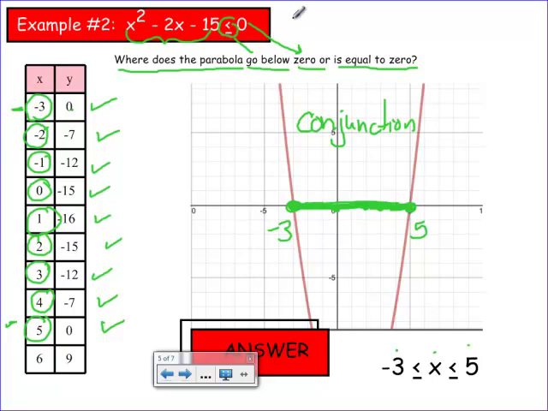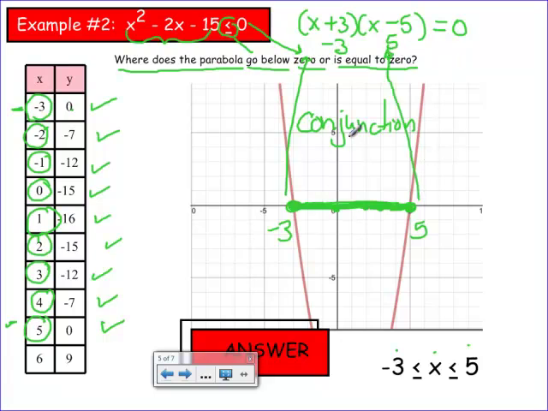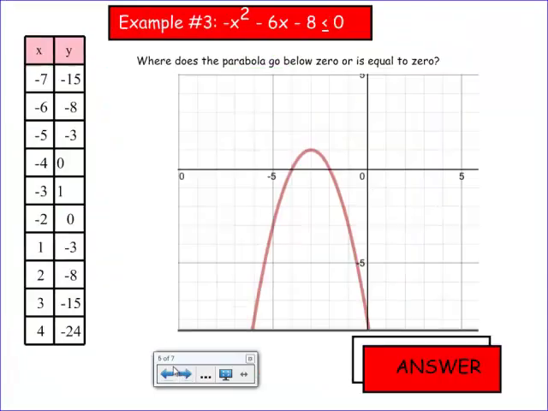And you could have gotten this by factoring. See, there's the 2 points, -3 and 5. Now, it all depends on what you want to do. I like the pictures. The pictures are easy. Hey, if I don't have to factor, I don't want to factor.